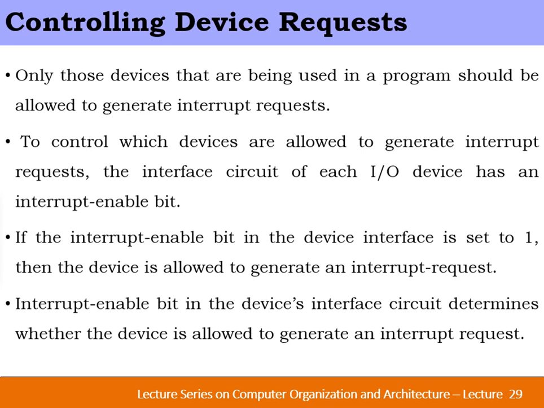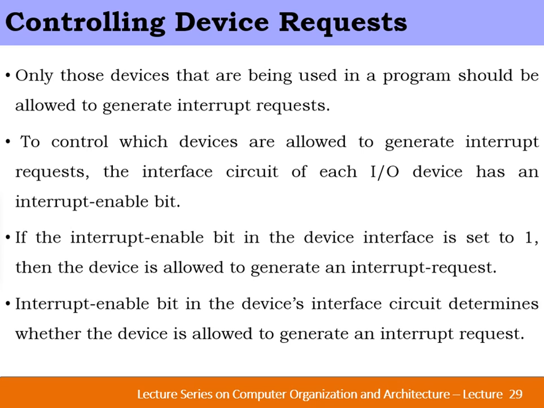We know that whenever an IO device becomes ready, it is going to generate an interrupt request. For example, whenever the SIN flag in the status flag becomes equal to 1, automatically an interrupt request will be generated by an IO device. That is, when an IO device becomes ready. So it is very important to ensure that only those devices that are used in the program are allowed to generate an interrupt request.